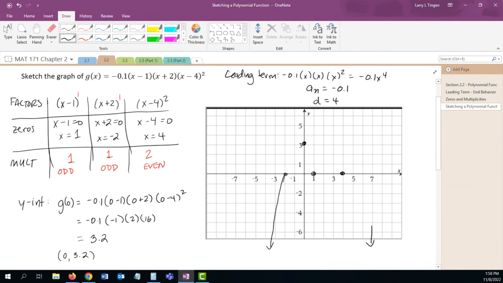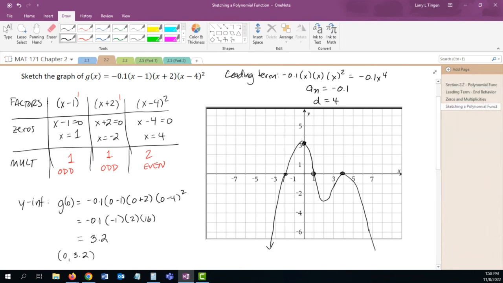Okay, so I come up, I get to my y-intercept, I come down, and when I reach 1, that has an odd multiplicity. So that means I cross again. And then I've got to come back up and catch this last x-intercept. That has an even multiplicity, so that means I touch. And that's my sketch.